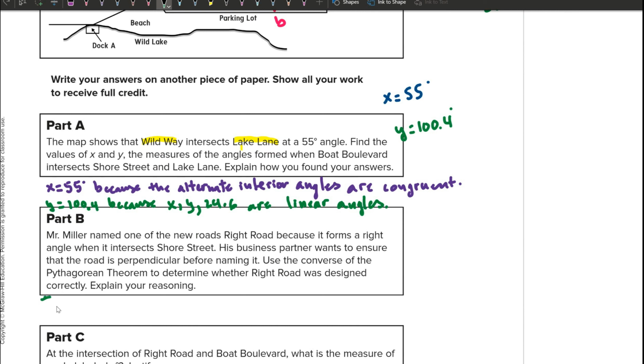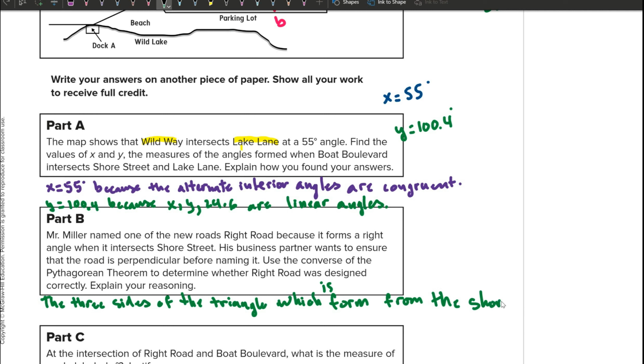The three sides of the triangle, which is formed from the shoreline, Bolivar Boulevard, and Right Road, satisfy the Pythagorean theorem.